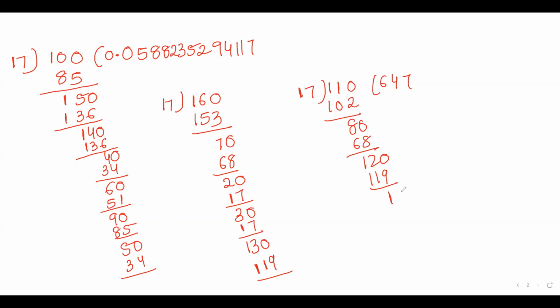Put a 0. Here 119 means 1 will remain, and we can put a 0.